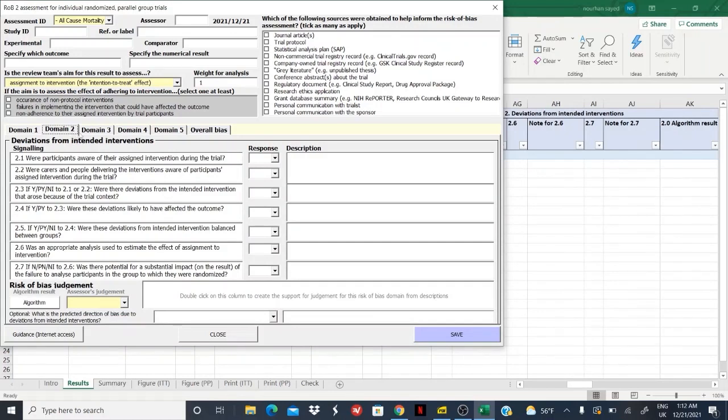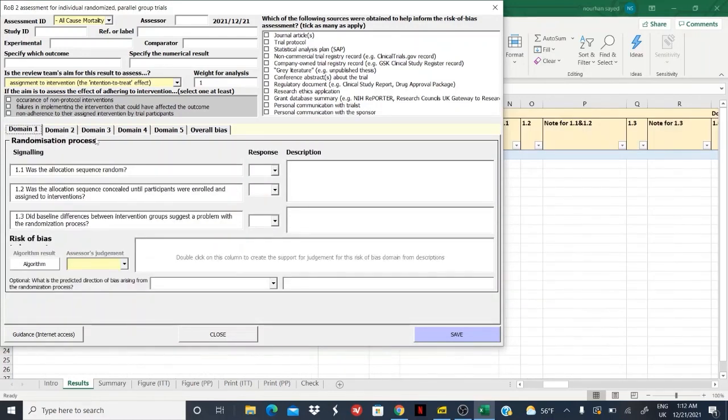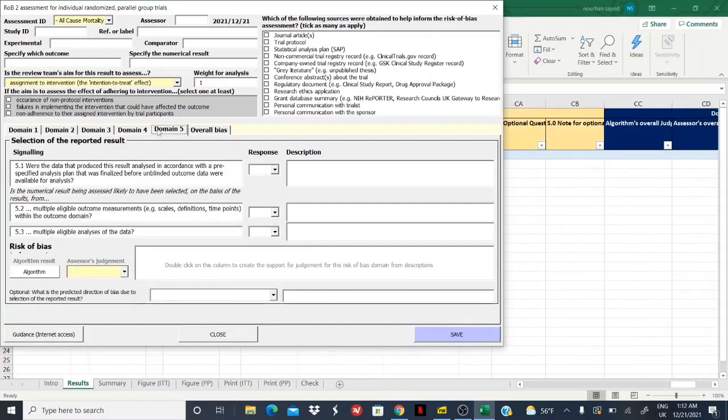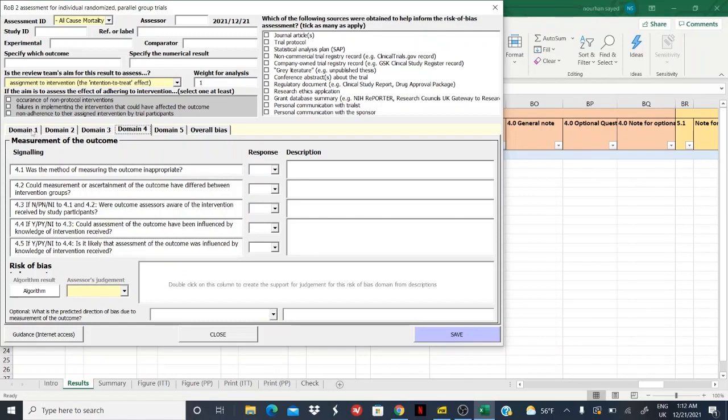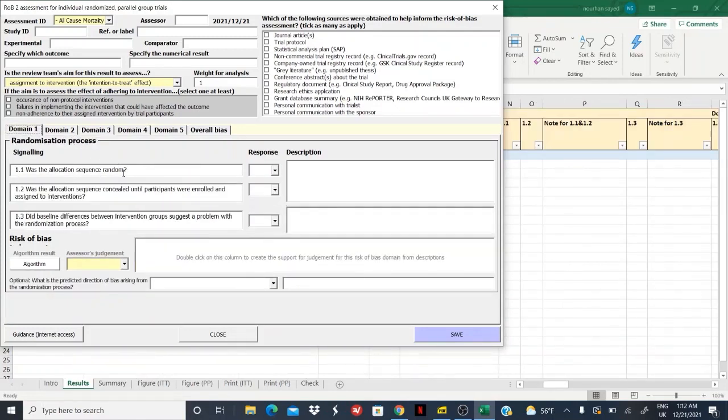Likewise with all the other domains, right? There's one big domain called randomization, another big domain called selection of the reported result, another domain called measurement of the outcome, and so on and so forth. And each of them consist of subdomains or signaling questions, the sum of which will allow us to pass an overall judgment on each domain.